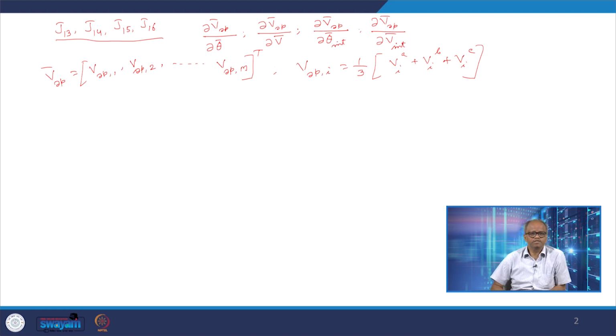So, what is V specified I? That is the specified voltage magnitude to be maintained at the generator terminal.